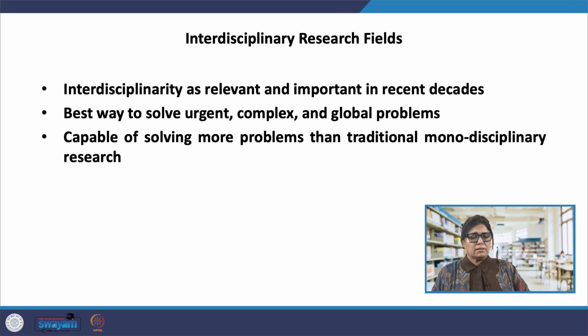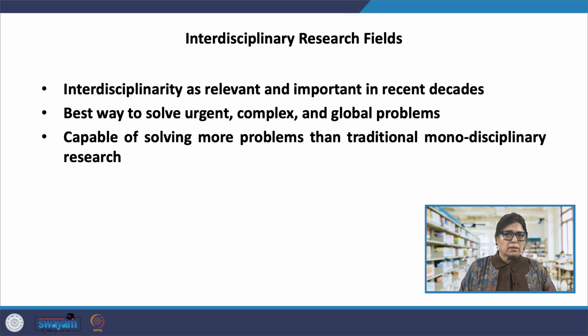In recent years, interdisciplinarity has been viewed as the best way to solve urgent, complex, and global problems. It is considered capable of solving more, or at least different, problems than traditional monodisciplinary research. It is often viewed as bringing a fundamental change in social science.